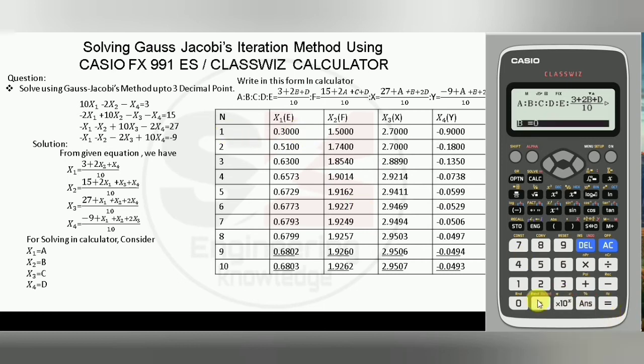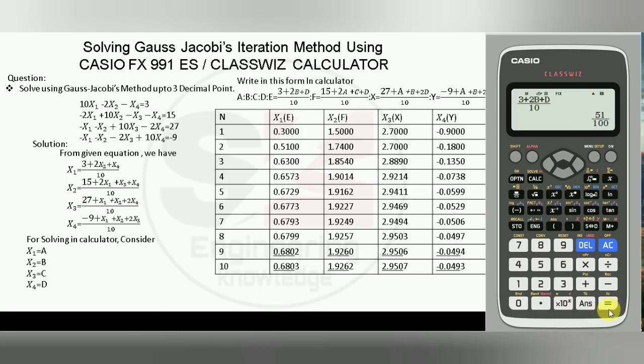Then equal to, then 1.5, equal to, then 2.7, equal to, then minus 0.9, equal to. Then it will show the values that we have just entered in these variables.